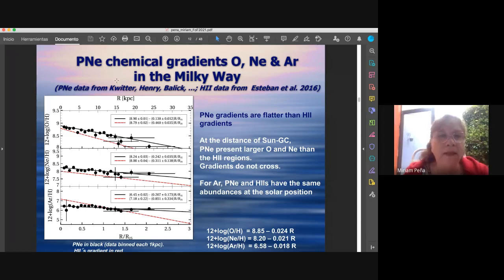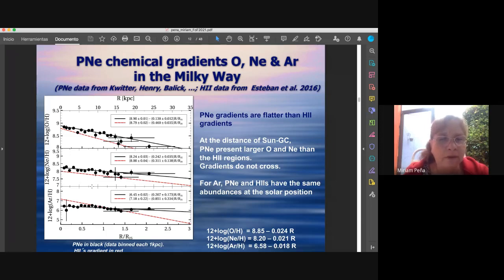Besides, at the distance of the sun to the galactic center, about this distance, more or less, oxygen and neon abundances are larger in planetary nebulae, which is very strange.